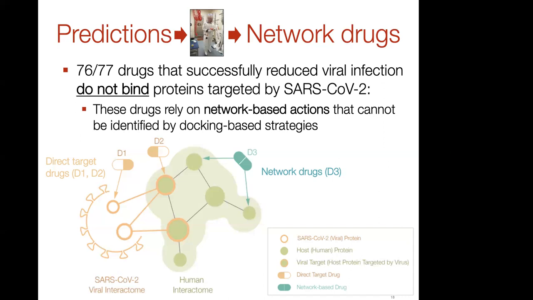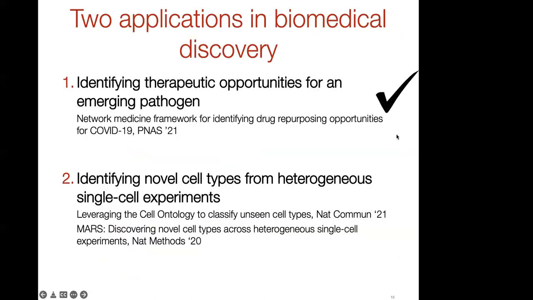But there is this group of drugs that behave in a way that is not consistent with that characterization. They actually have these strong network effects, which we now refer to as network drugs. And it really shows that these graph-based machine learning models are not only accurate and useful, but they can also lead to discoveries that would not be possible to obtain with other techniques.